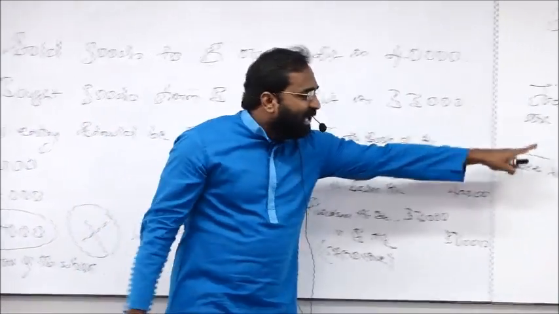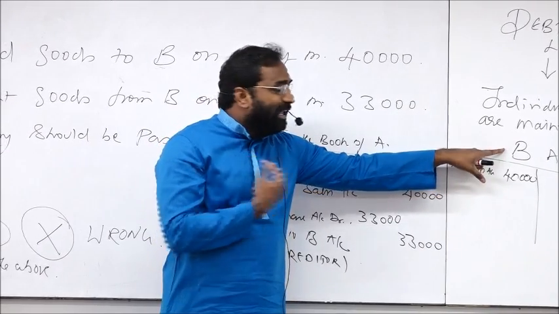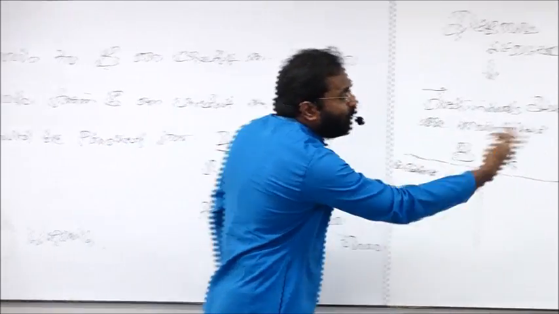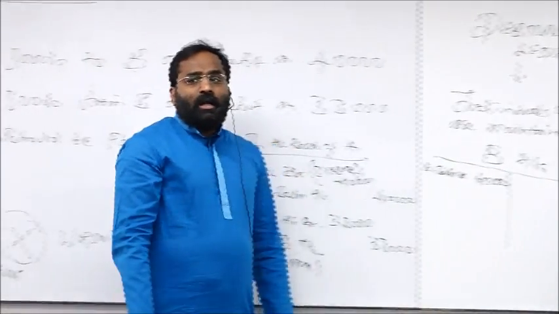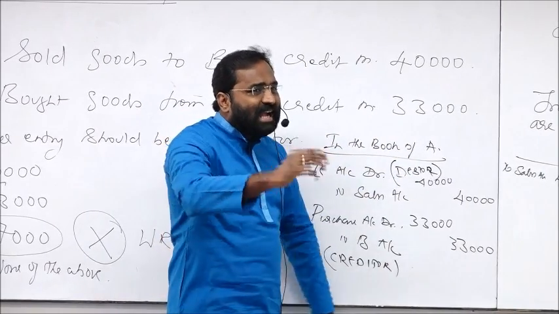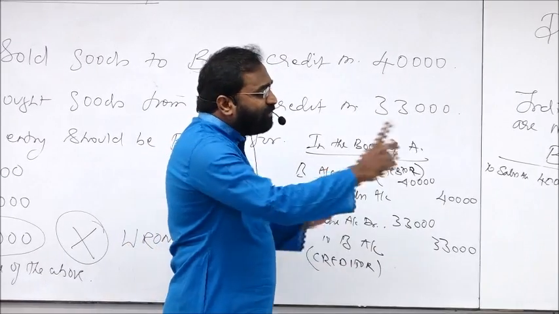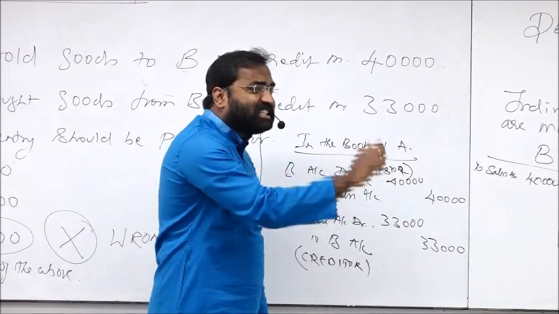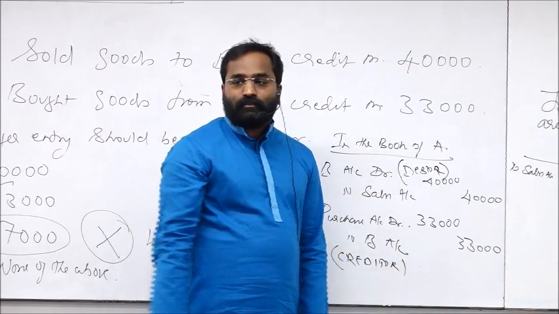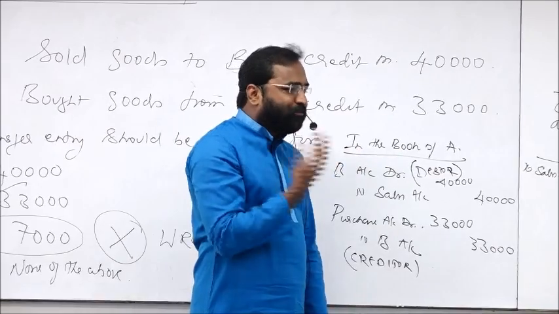Now B owes us, for example, we are A. Assume we are A. B owes us, B has to pay us money, 40,000, and we have to pay money to B. Now whether we will collect 40,000 from B and later we pay 33,000 to B, or we will adjust this 33,000 against that 40,000 and collect the balance 7,000 from B. So any business person, for example, one person owes me 40,000.